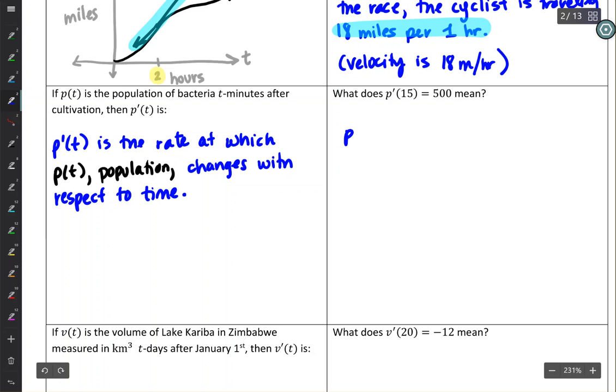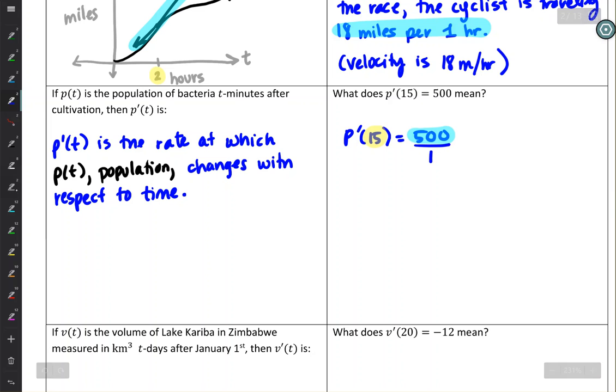So P prime of 15 being 500 means that when t is 15, so 15 minutes after cultivation, my bacteria population is changing at a rate of 500 bacteria per 1 minute, 500 over 1.